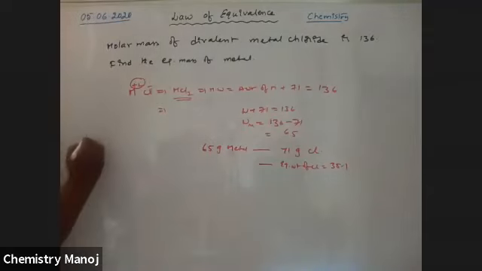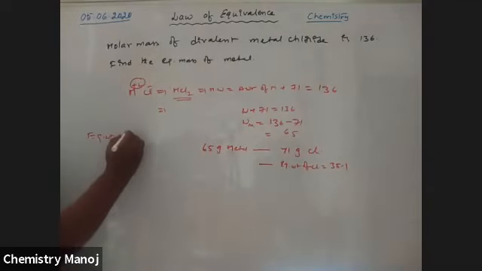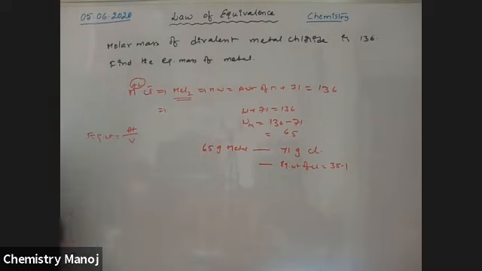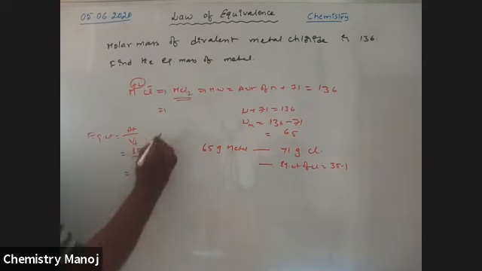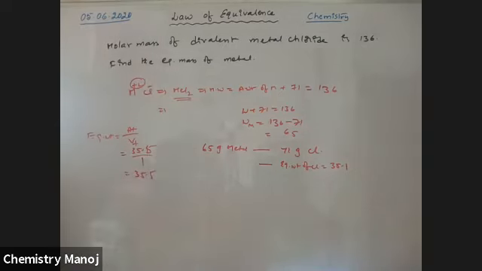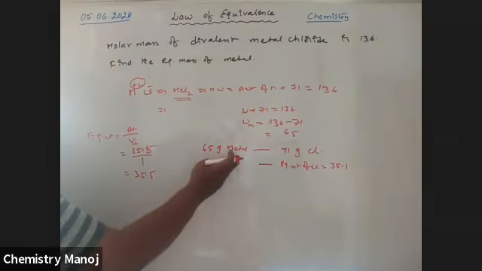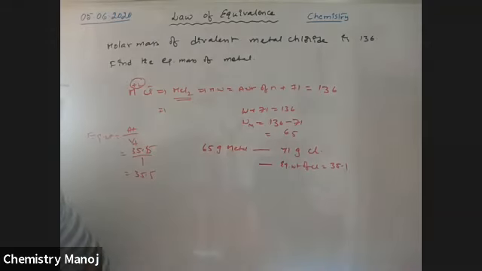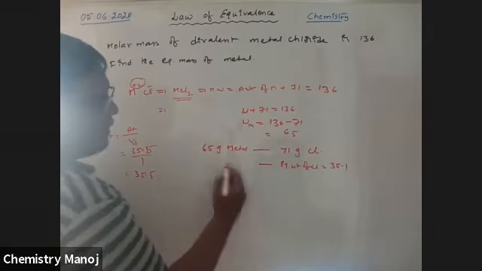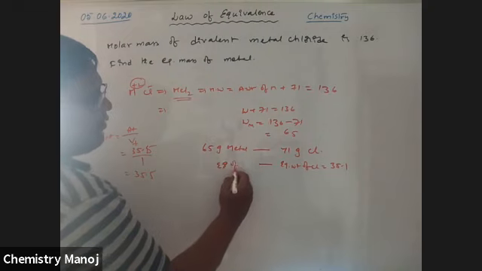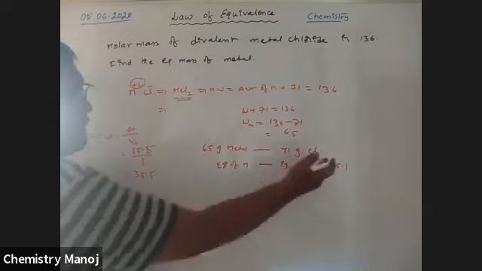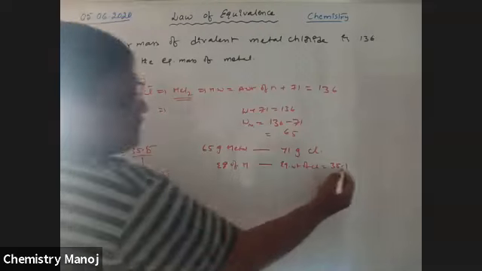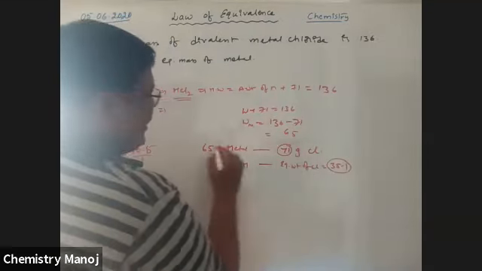How? Equivalent weight is equal to atomic weight by valency. Atomic weight of chlorine is 35.5, and the valency factor, N factor, for chlorine is 1. Therefore, 35.5. We don't know the metal, so we don't know the equivalent weight of metal. So equivalent weight of chlorine is equal to equivalent weight of metal. So that is 35.5 for 71, and x for 65.